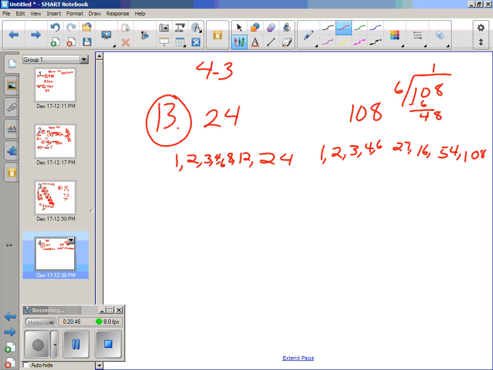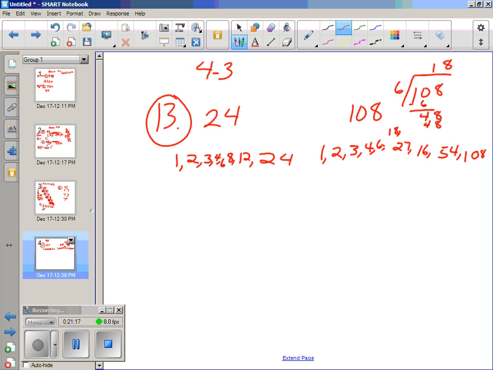6 times, what did I do wrong? 6 times 8 is 48. Boy, so did I. I thought for a second I messed up as well. 6 and 18. 7's not going to go in there. Okay. 8. We could check to see if 8 goes in there.